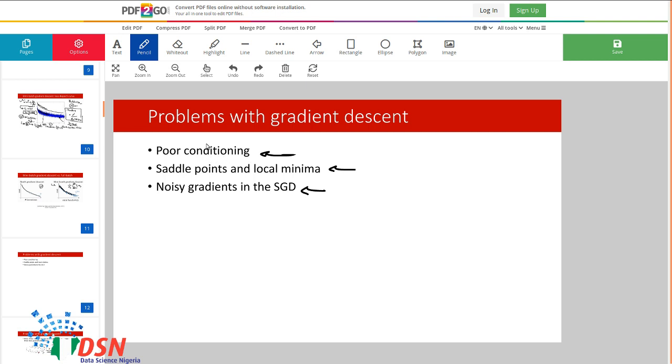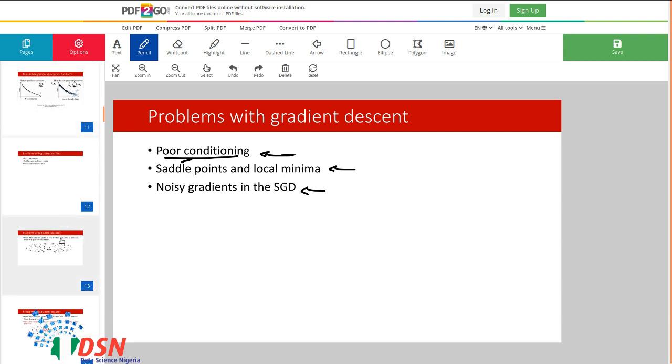The first problem of gradient descent is the poor conditioning problem, the second problem is saddle points and local minima, and the third problem is noisy gradients in stochastic gradient descent. When I say stochastic gradient descent, I don't necessarily mean batch size 1. I just want to note that instead of mini batch gradient descent, I say stochastic gradient descent. Okay.